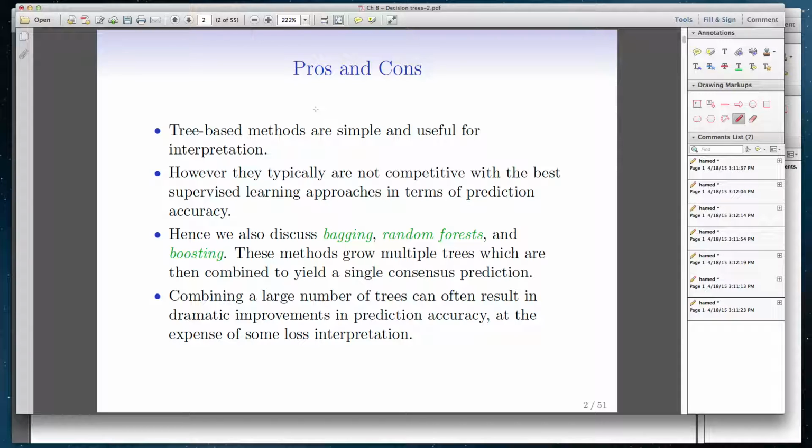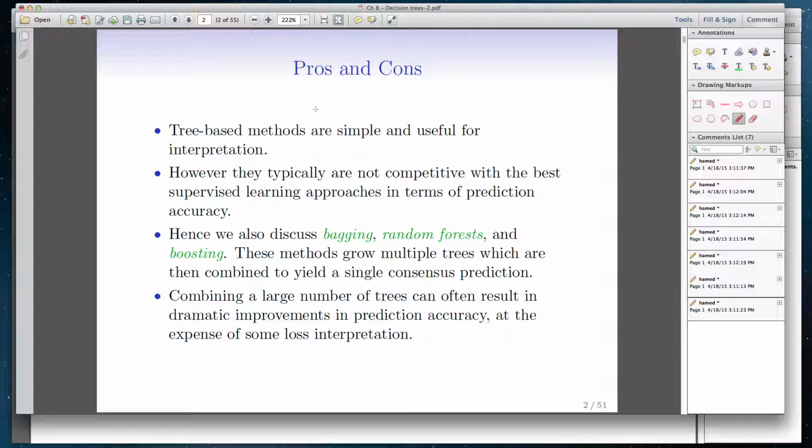That's the power of these more advanced techniques for trees. To wrap up, if you're just working with one tree, it's extremely interpretable but not very predictive. If your goal is predictability, then we have to grow a lot of trees and consider them simultaneously. That's where we lose interpretability, but we significantly improve our predictability.